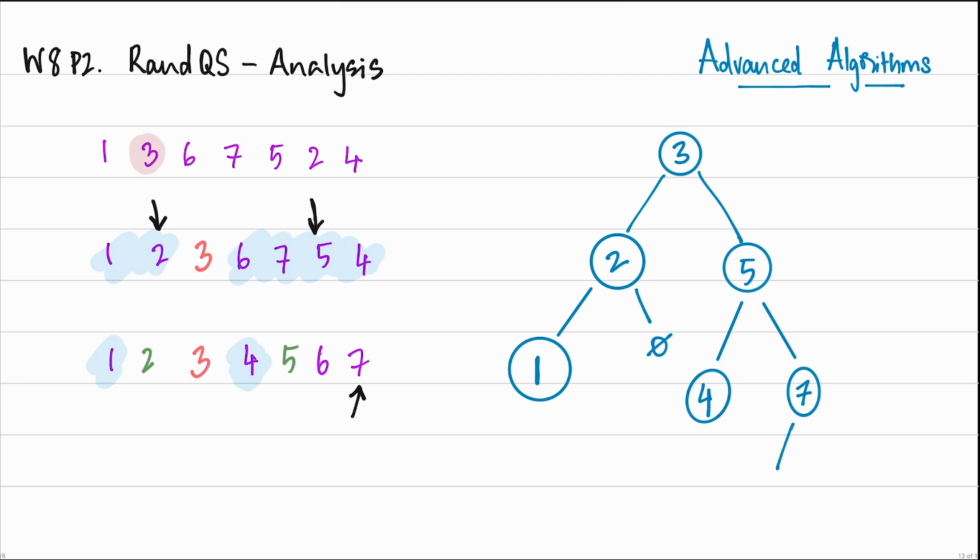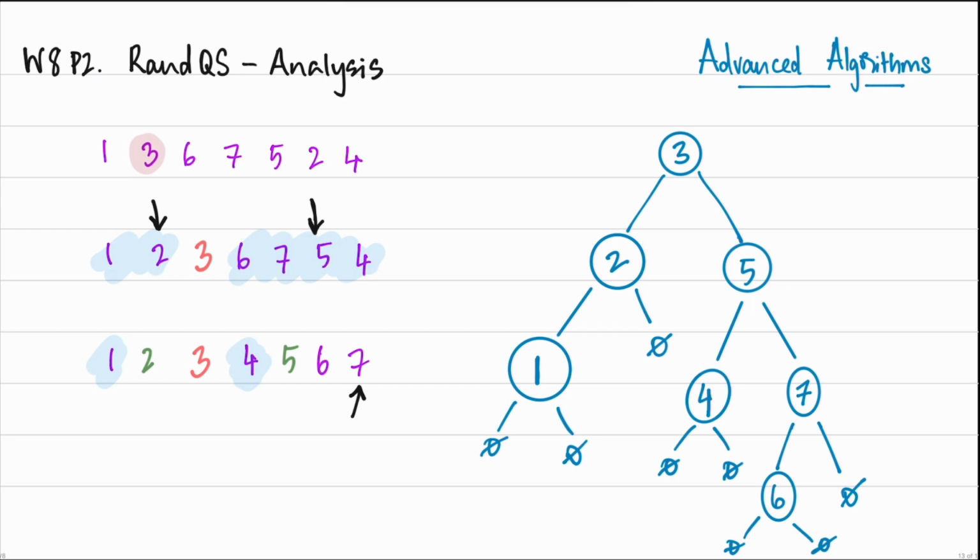And then on the left hand side, we didn't really have a choice here. That was 6. And this is of course empty. We don't have anything to recurse further on. And of course, everything else is empty as well. So there's nothing further to be done at the nodes that have arrays of length 1.